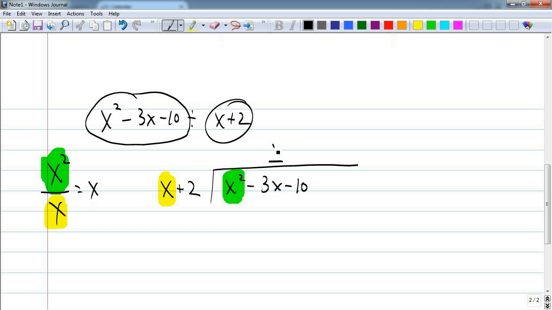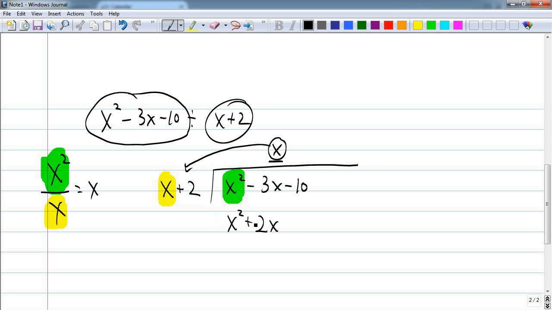This is my first term in my quotient. I now distribute this x over the divisor. I multiply x with each term in the divisor and write my result under the dividend. So x times x is x squared, and notice how these are like terms. x times 2 is 2x.